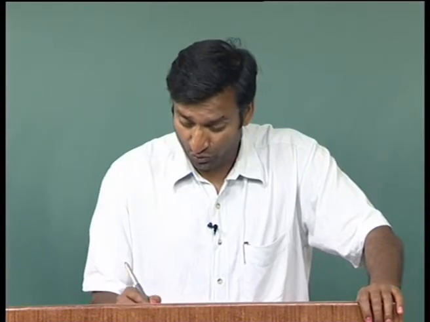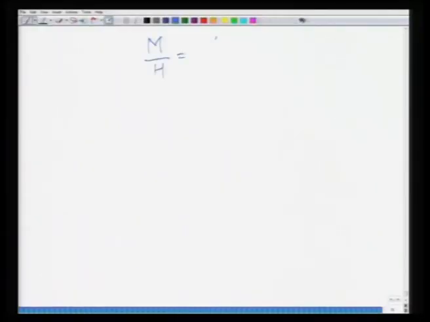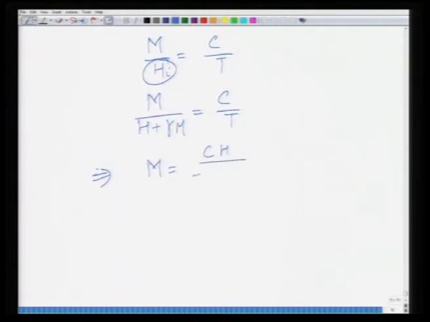So, when you replace this H, you know that m by H is C by T. So, this H is the internal field in this case. So, you replace this with m divided by H plus gamma m. So, let us say this is Hi, and this Hi is equal to the applied field in paramagnetic materials, equal to C by T, and if you rearrange this, what you will get is m is equal to Ch divided by T minus gamma C, or m divided by h is equal to C divided by T minus theta.